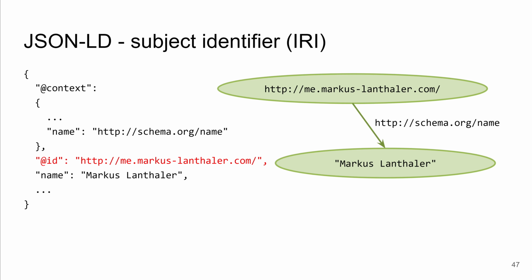We'll want to say that the person described in the JSON data is identified by an IRI, because that's what RDF is based on. And we can do this by introducing the @id key, whose value contains the IRI of the resource being described by a certain JSON object. Now you may have already noticed that the JSON-LD keywords all start with the @ symbol.